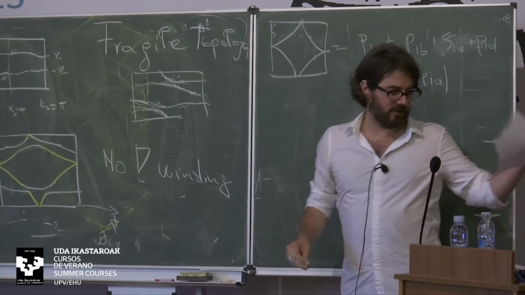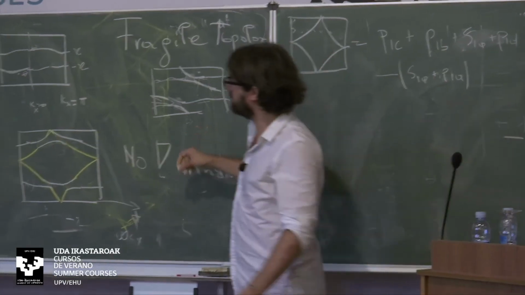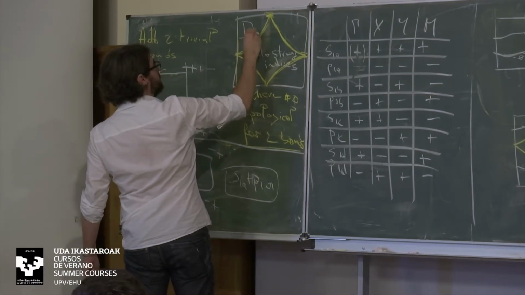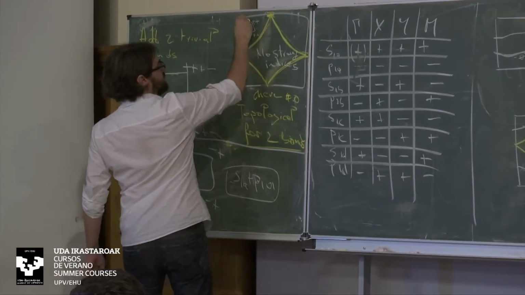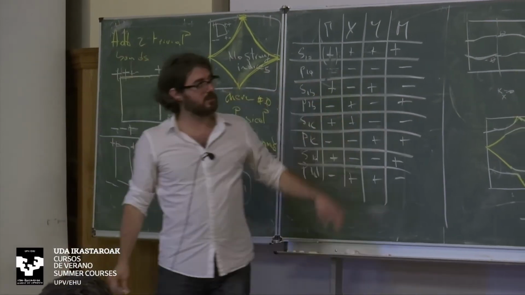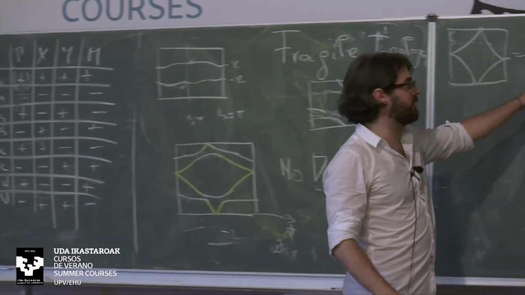So in terms of eigenvalues, this state, which had eigenvalues minus, minus, plus, plus, plus, plus, plus, plus, if I take that linear combination of these things, then these eigenvalues are equal to this.